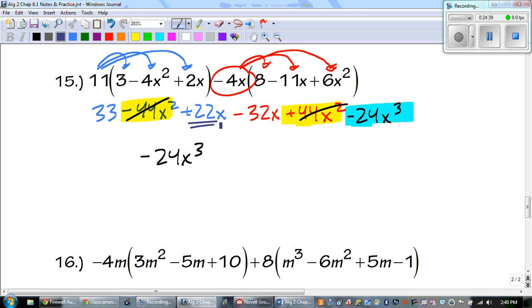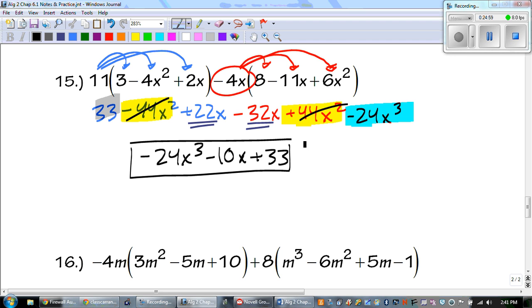So next thing is my x: 22 minus 32 is negative 10x. And then last but not least, we have that 33 all by itself, and it's a positive 33. So we get negative 24x cubed minus 10x plus 33.